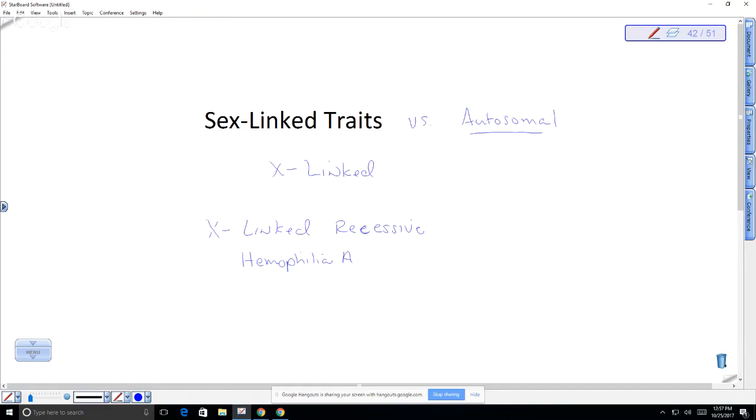So when it's X-linked, we have to pay attention to whether the individual is male or female because of the differences in the combination of sex chromosomes. So I'm going to write out my alleles here. I'm going to put an X and a big H on top of that. This is normal. I'm then going to put the little h on there, and this is hemophilia.